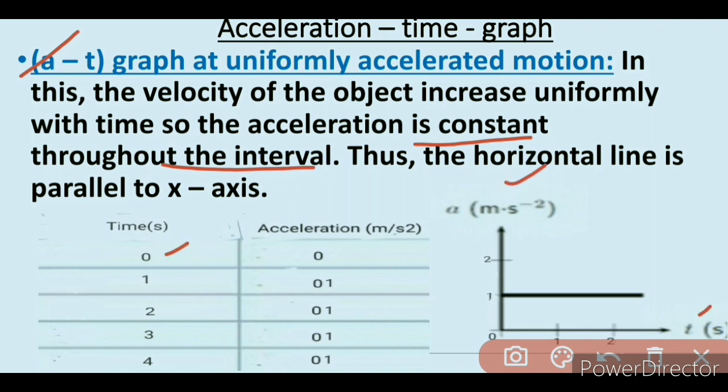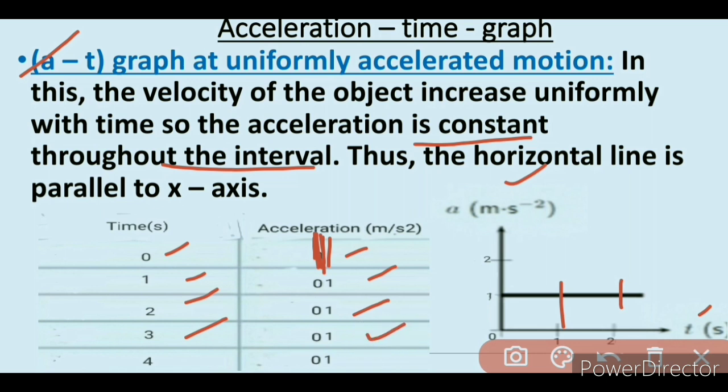When time is 0 second, acceleration is 1 meter per second square. When time is 1 second, acceleration is again 1 meter per second square. When time is 2 seconds, acceleration is again 1 meter per second square. When time is 3 seconds, acceleration is 1 meter per second square.